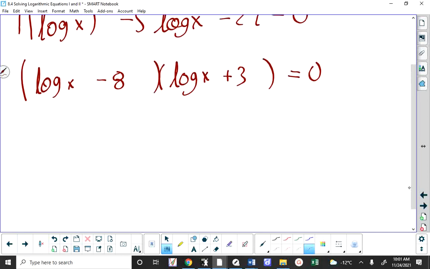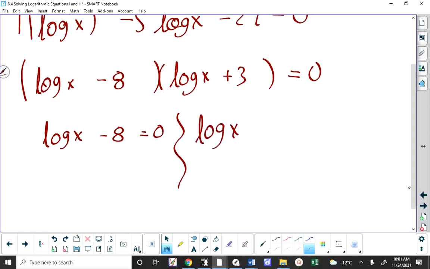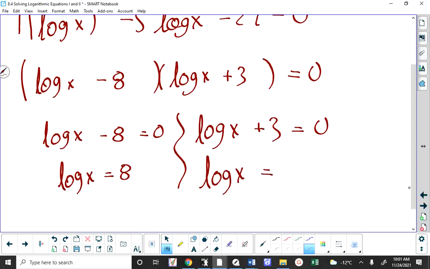That's going to mean log of x equals 8, but I'm going to actually write log of x minus 8 is equal to 0. And I'm going to write log of x plus 3 equals 0. When I rearrange this, I get log of x equals 8. And I rearrange this and get log of x equals negative 3.